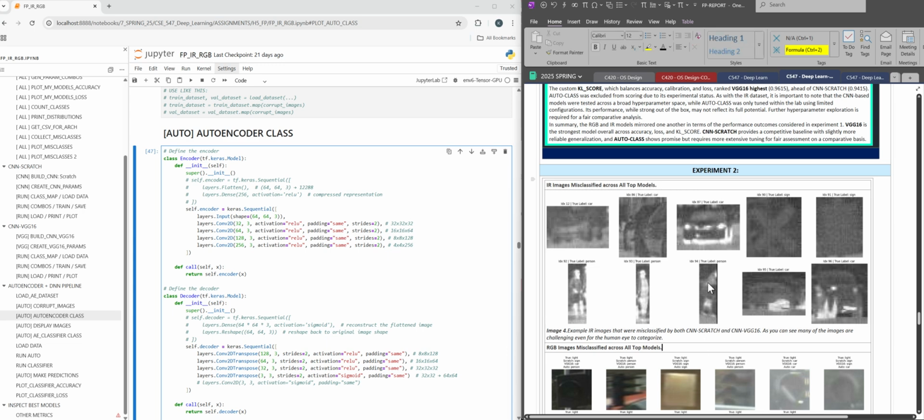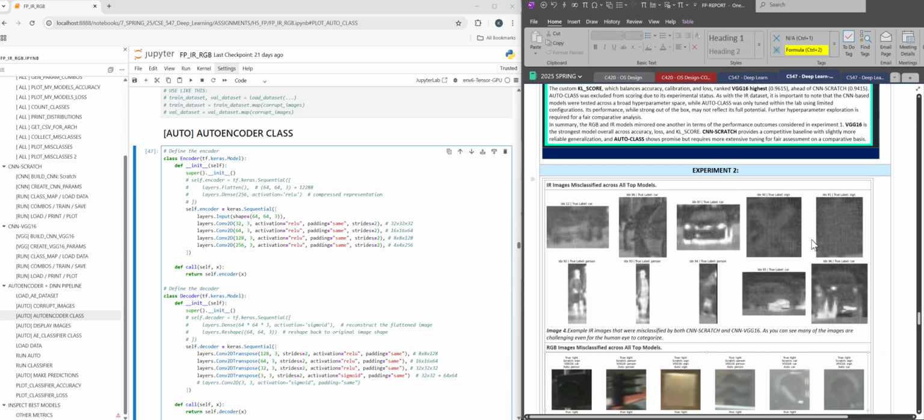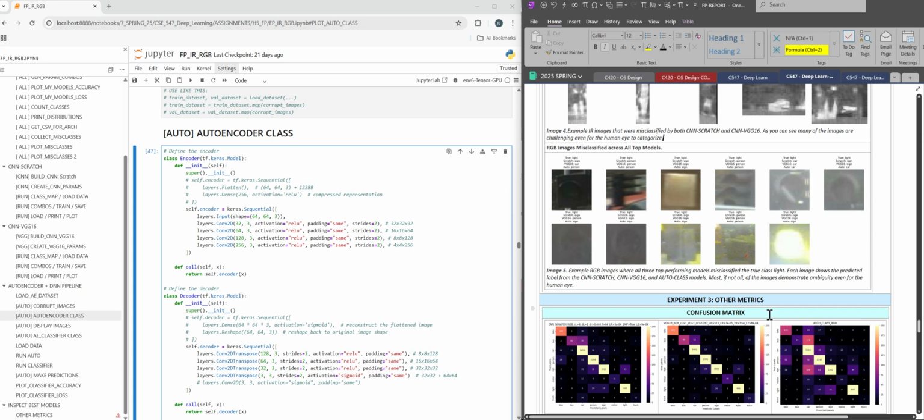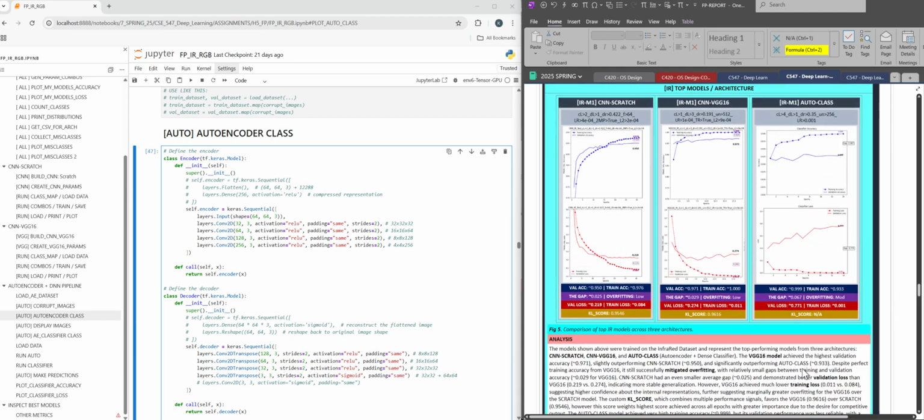It's been a long time since that was the first round of code, and after going back through it, I feel confident that the indexes got all mixed up for these. So these are definitely correct, and you can tell that these were misclassified. These don't make a lot of sense in some cases. This doesn't make sense. These don't make sense. The rest of them could make sense.